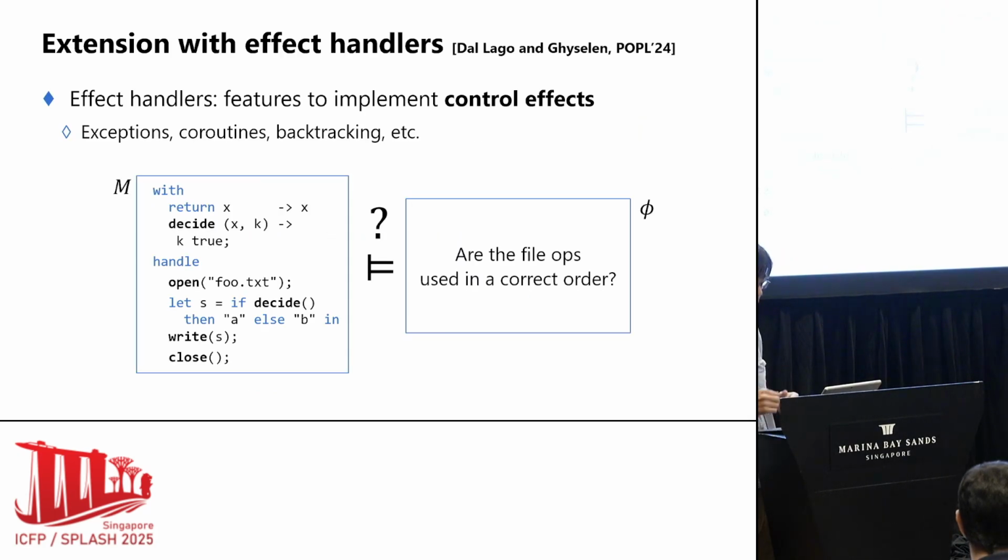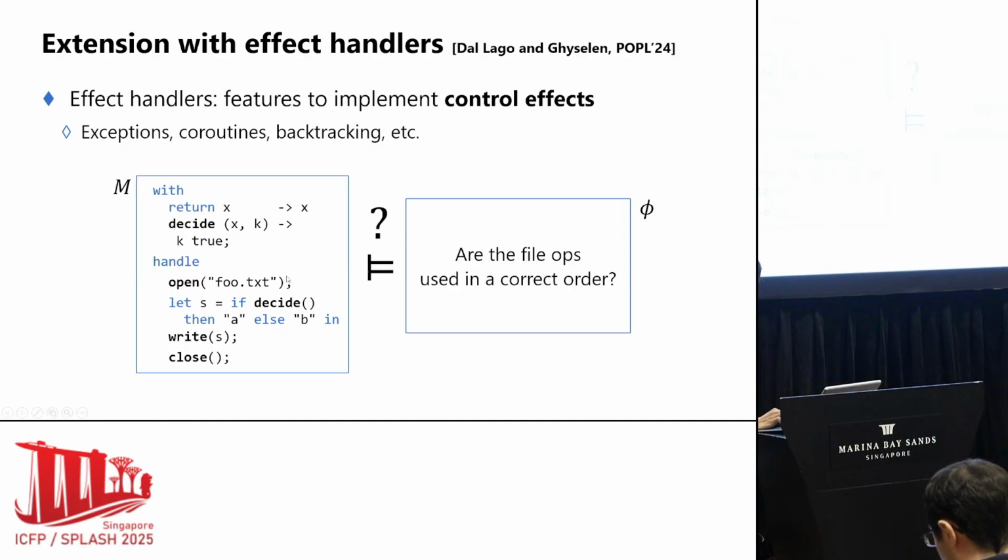Okay, and recently higher order model checking has been extended for effect handlers. Effect handlers are a programming feature to implement control flows like exceptions, coroutines, backtracking, and more. This is one simple example using effect handlers.